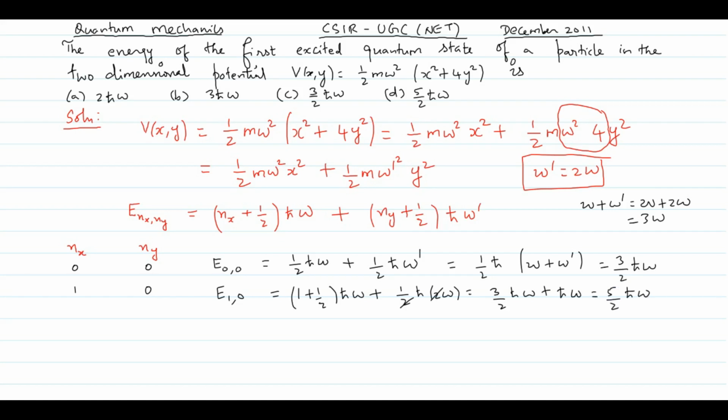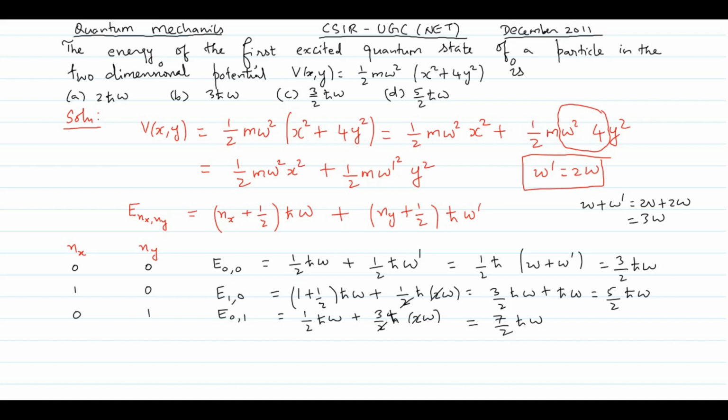Now let us take the other one, 0 1. E01: when I put nx is equal to 0, simply half h cross omega. Since ny is equal to 1, we will get 3 by 2 h cross omega prime, that is omega prime is 2 omega. So these two get cancelled, and when I take the LCM, I will get 7 by 2 h cross omega.